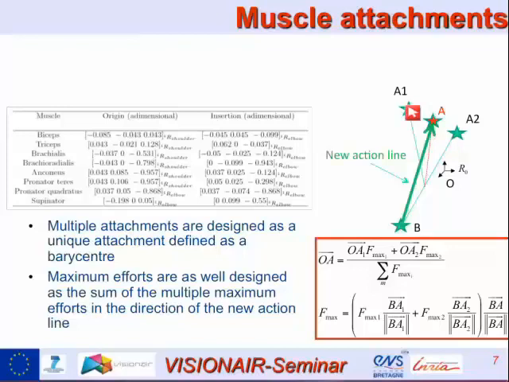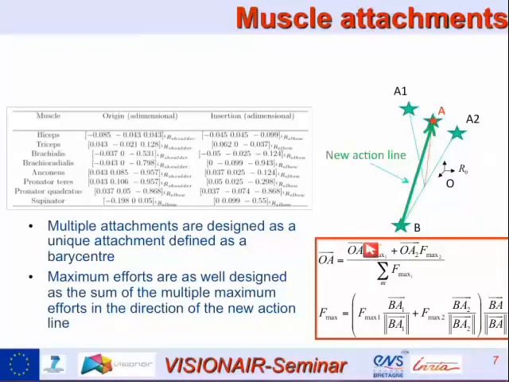You can see there A1 and A2 are the real points where the biceps, which has two heads, is attached on the bones. But it's quite complex to deal with that, so we propose to have a sort of mean of the action of the biceps on this action line that you see here between A and B.